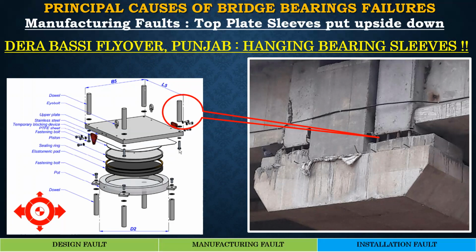One is supposed to thread the screw from the bottom, but the contractor installed the bearing top plate with sleeves upside down. You can see that the sleeves are visible, and they simply cast this cross girder by putting the bolt from the top, and this shows the sheer ignorance of the system.